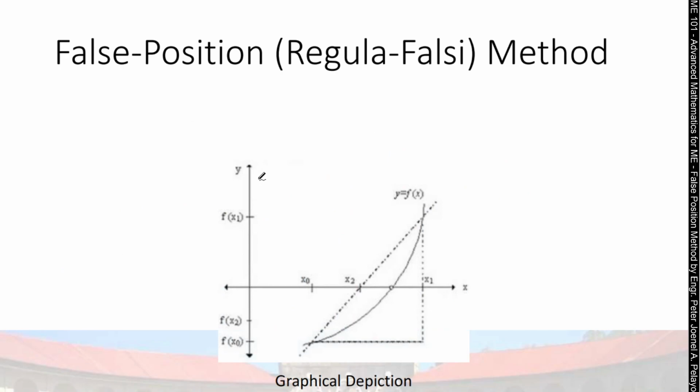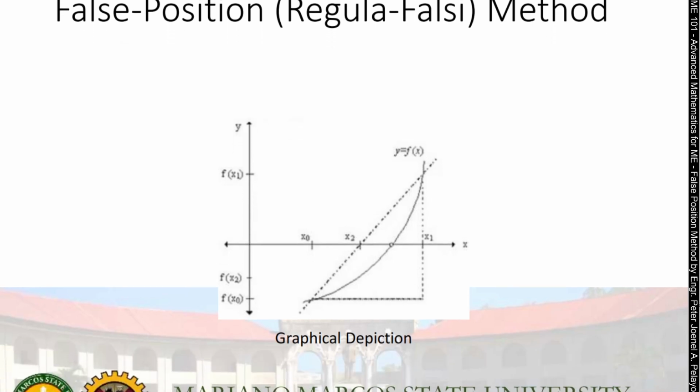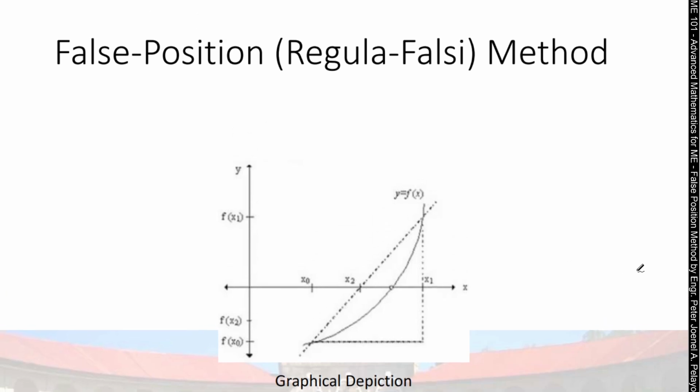So, false position, ito yung graphical method natin. Okay? So, ito yung f of x natin, itong line na to.